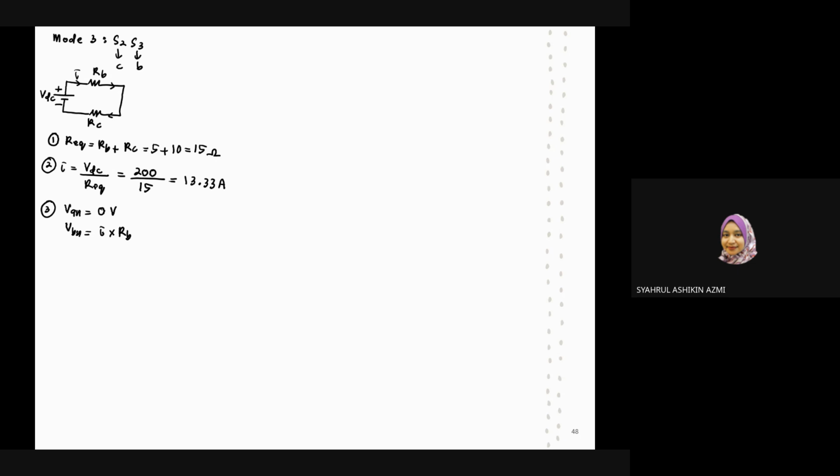So your VAN will be equal to 0. There are no switches turned on for phase A. VBN is I multiplied with RB.